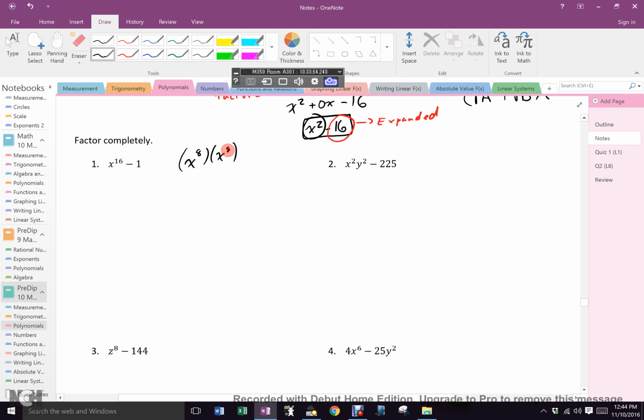Everybody remembers this, yes? So, remember, I'm doing the hardest one first. When it was x squared, it factors to x times x, yes? What's it going to factor to if it's x to the 4th? x squared and x squared. What if it's x to the 6th? x cubed and x cubed. What's the pattern?